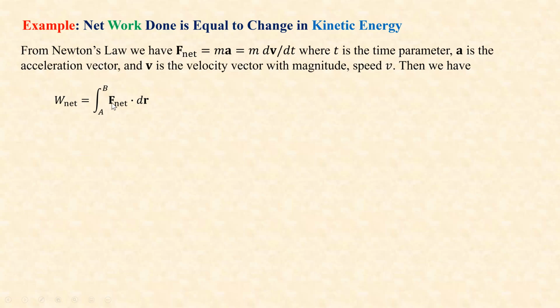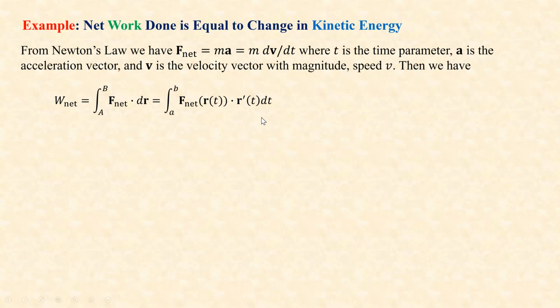Remember, work is defined like that in physics. And we can write it in terms of parameter t, which is time in this case: F net at any point r as a function of t, dot r prime of t dt.